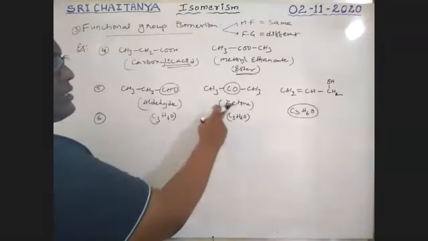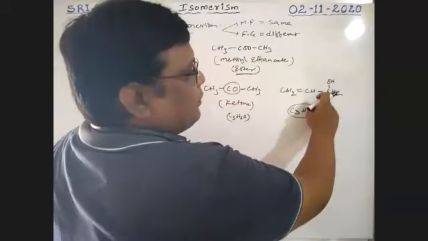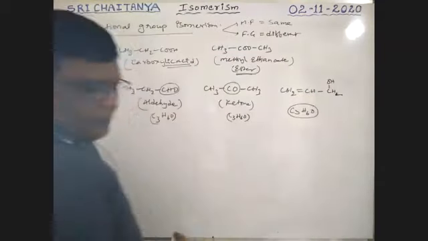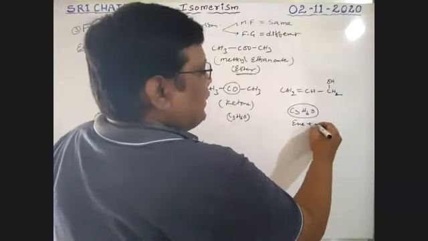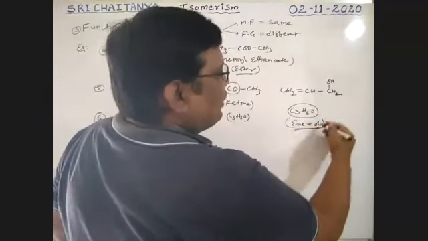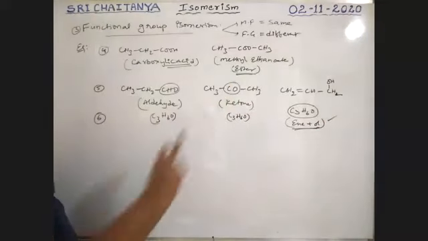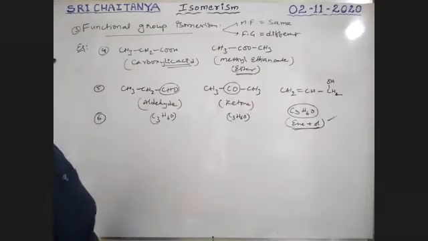It is an aldehyde, it is a ketone, and it is an ene plus ol, so an enolic compound. All these three together are considered as functional group isomers.